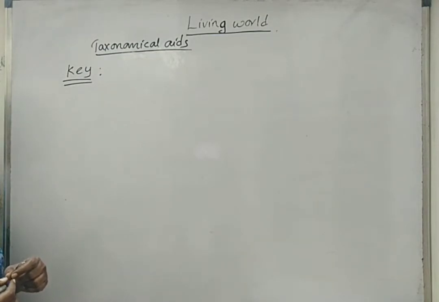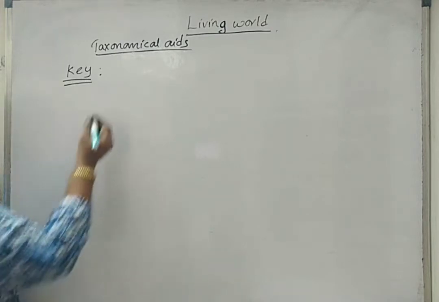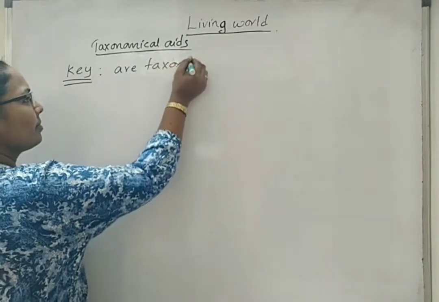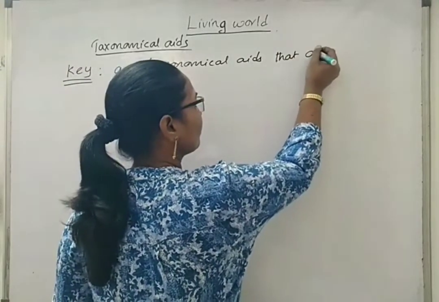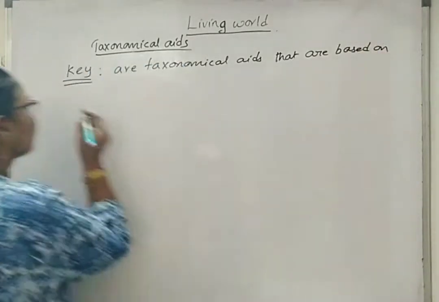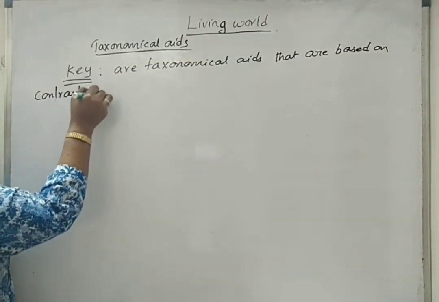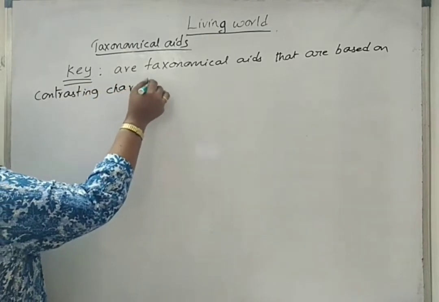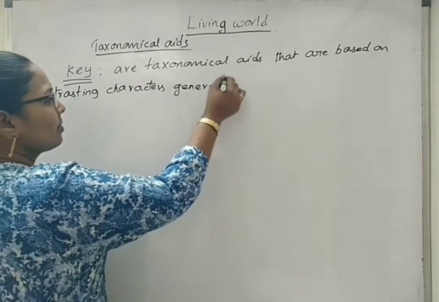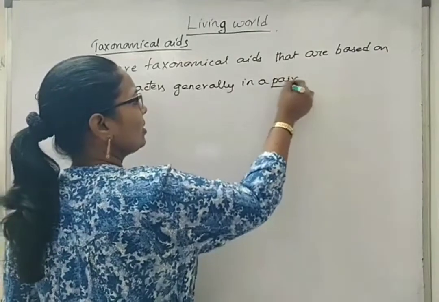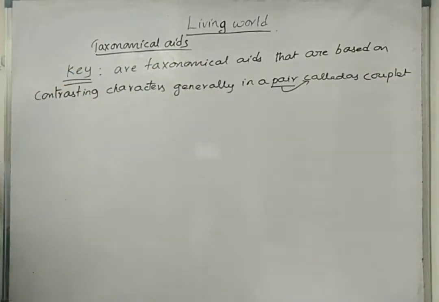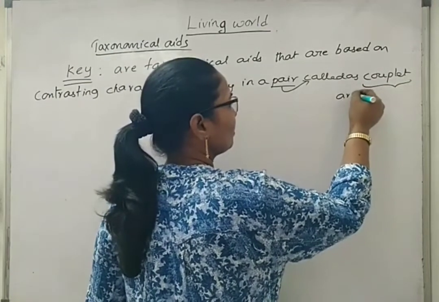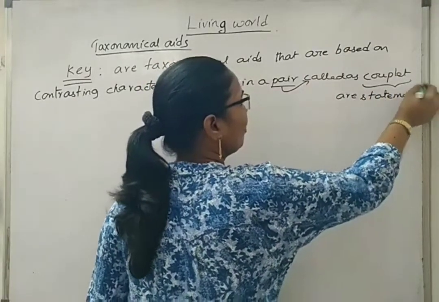Keys are taxonomical aids that are based on contrasting characters, generally in a pair. This pair is called a couplet.